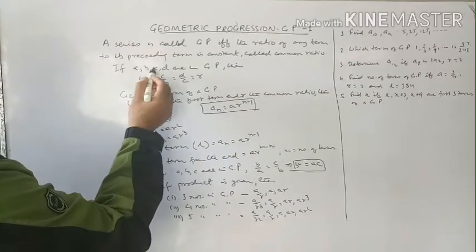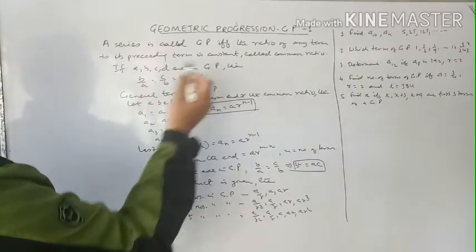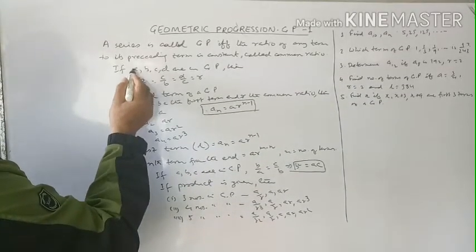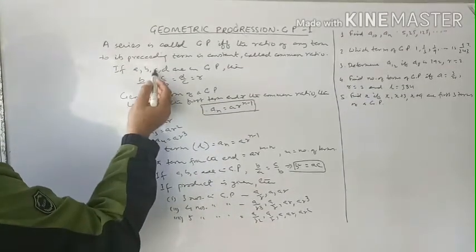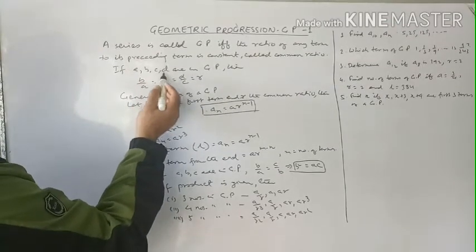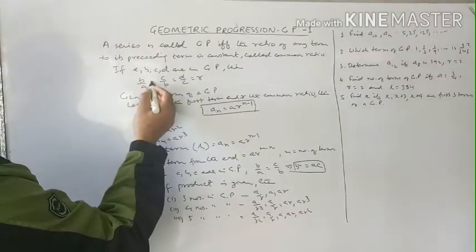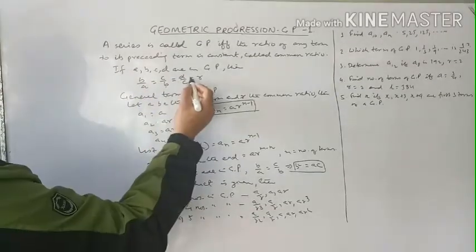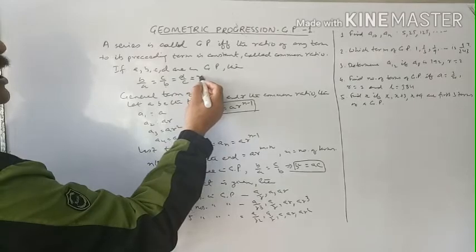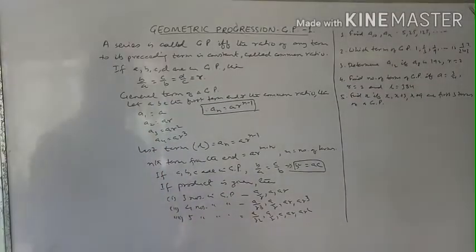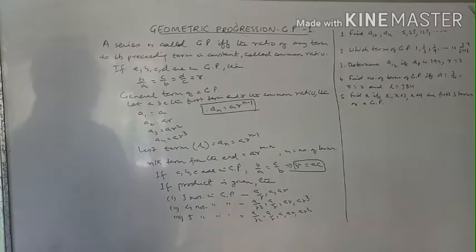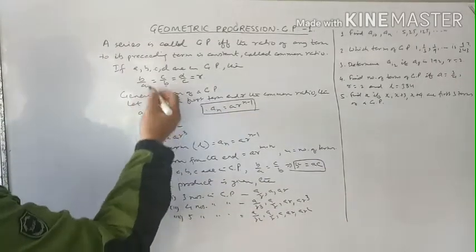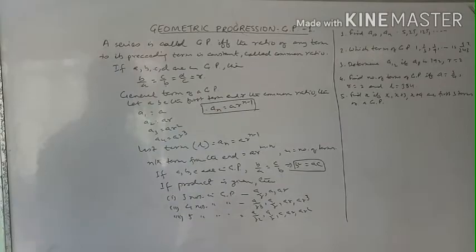Now if A, B, C, D are 4 numbers in GP, then the ratio of B to A is B by A, ratio of C to B is C by B, ratio of D to C is D by C. These ratios are always equal in GP, and that ratio is equal to R. We represent it by R, that is for ratio. It's called common ratio. So whenever these ratios are equal, the numbers are said to be in GP.